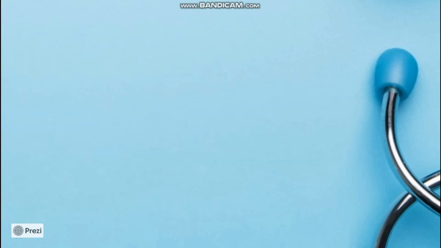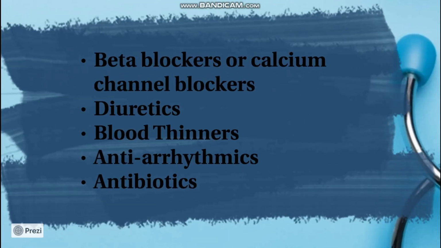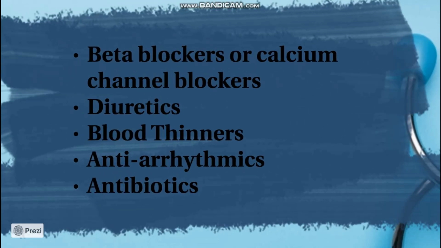For medical management, physicians might prescribe medications such as beta blockers or calcium channel blockers. It is to slow the heart rate and allow the heart to fill more effectively. Diuretics to reduce fluid accumulation in the heart. Blood thinners or anticoagulants to help prevent blood clots.